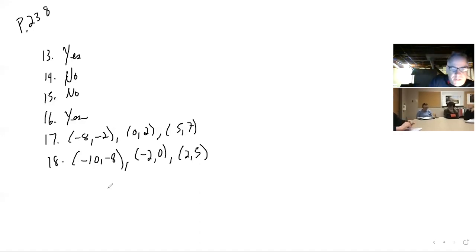So 19. Is there a local maximum at 2? The answer is yes. If you just go to where x is 2, you definitely have a high point right there in that neighborhood. So yes, there is a local maximum.